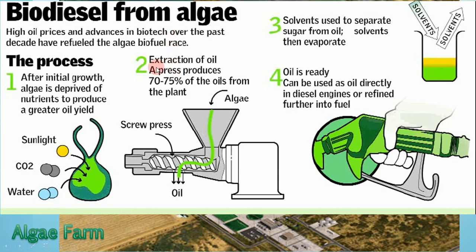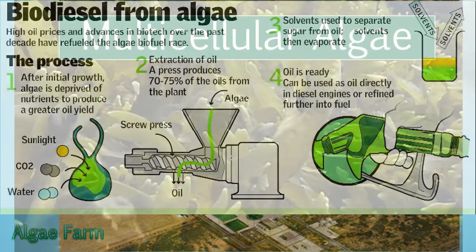And then they'll extract the oil by putting them through these really fine presses, and the oil comes out. And they can use solvents. This is chemistry right over here, using solvents to separate the sugars from the oils, and then evaporation and all this kind of stuff. And then they can literally put it into a diesel car. And so there's a lot of hope for using algae for many things, not just nutrition and medicinal, but for something like gas for our cars.